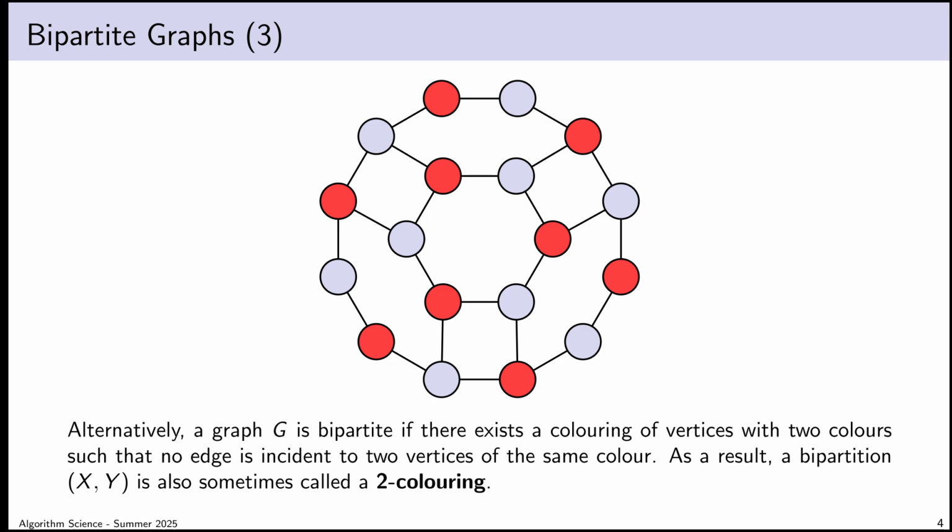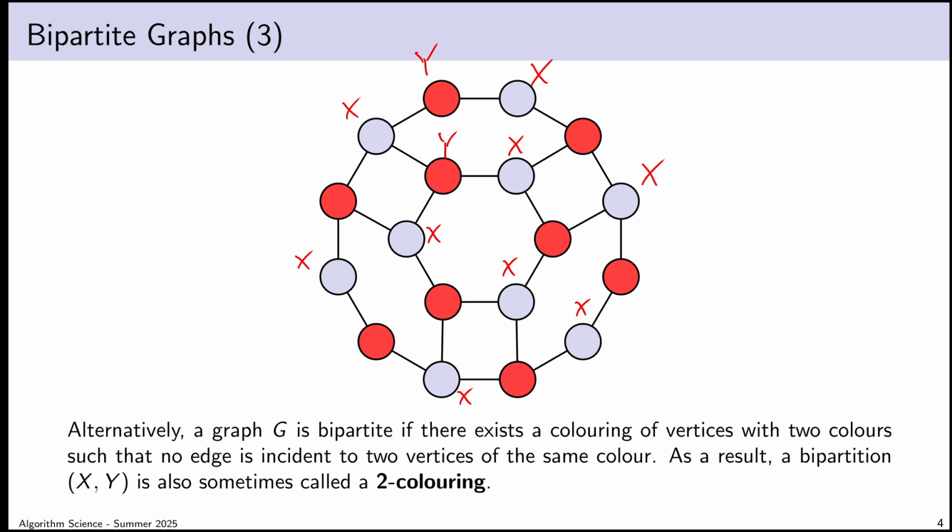In other words, if I color my vertices red and blue such that every edge crosses from a red vertex to a blue vertex, all I really have to do is define that every vertex that I colored blue is part of my set X, and every vertex that I colored red is part of my set Y. And you'll notice that the definition we gave a minute ago then applies perfectly. So it's a matter of personal taste how you choose to visualize it.